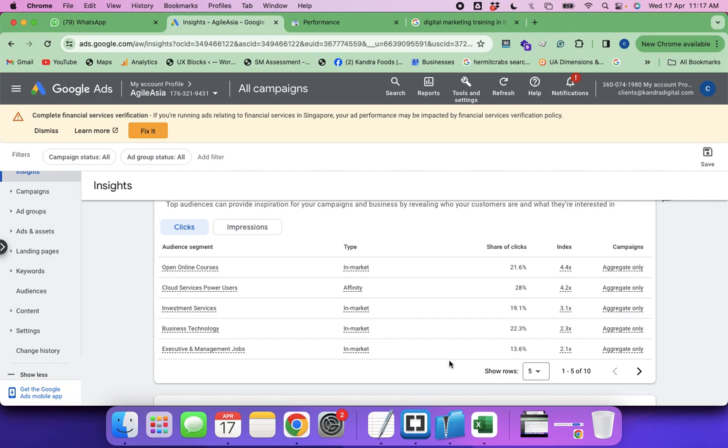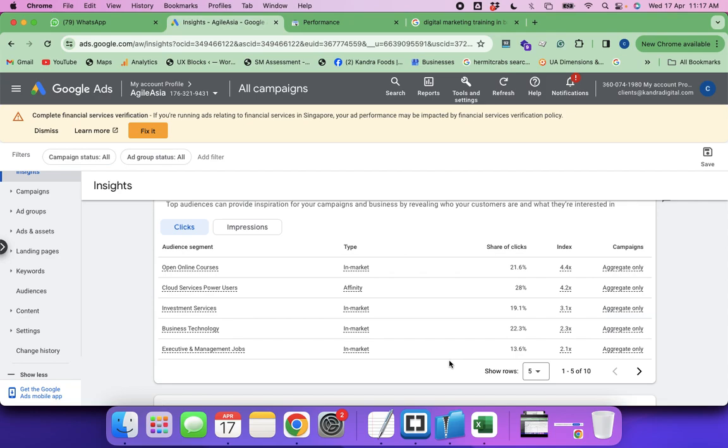People are grouped based on their interest, and it is basically showing what kind of audiences are giving more clicks to your website. Share of clicks 22, business technology. 22.3 percent of the clicks are coming from people interested in business technology. Executive and management jobs is just 13 percent. The highest percentage is actually 28 percent.